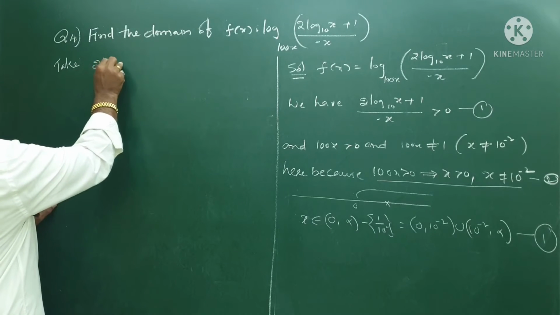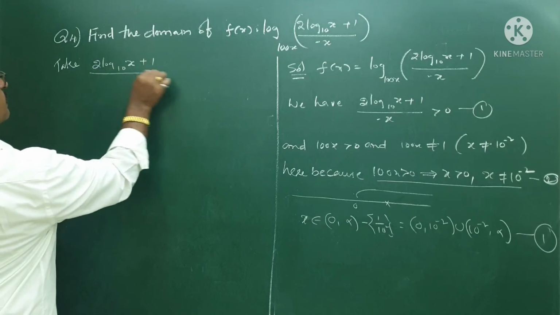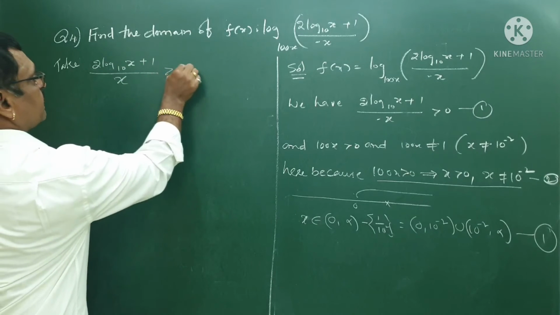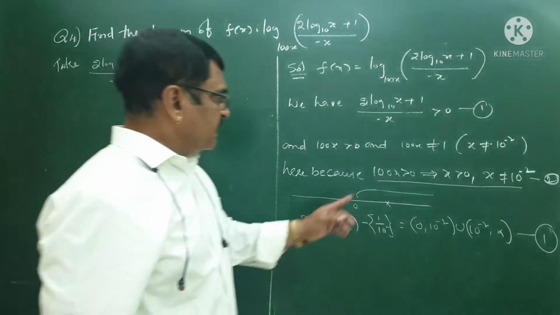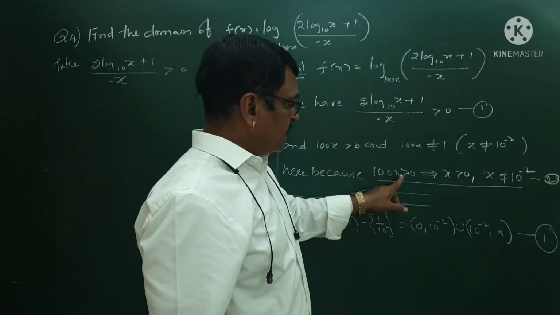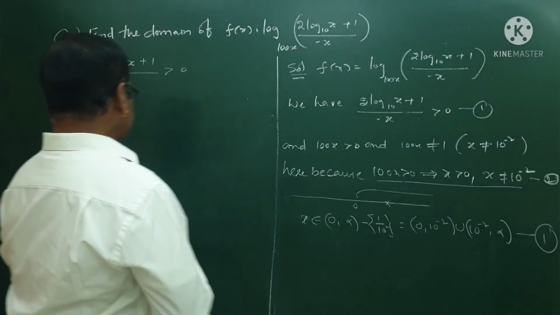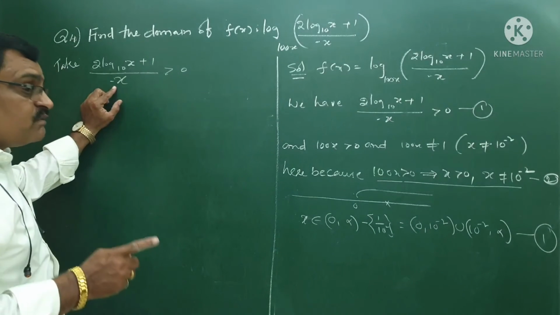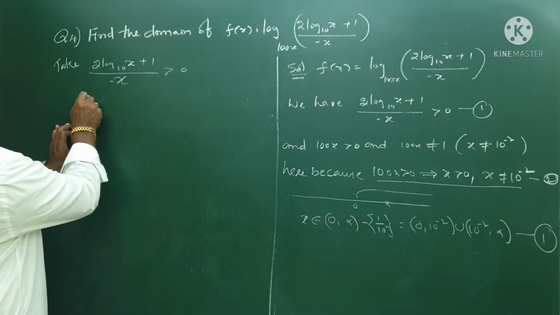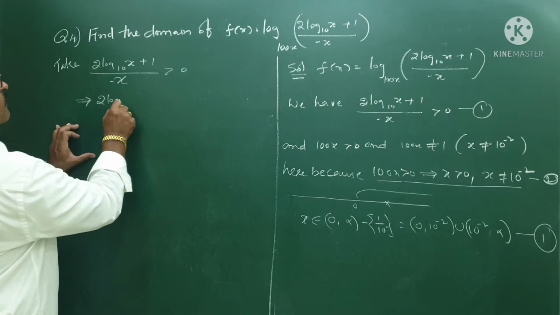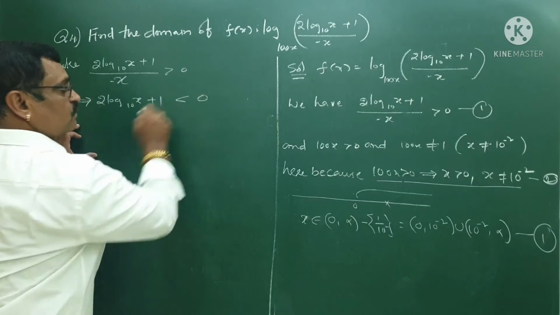2 log x base 10 plus 1 by minus x is more than 0. Now in the first case we got 100x is greater than 0, meaning x is positive. When x is positive, my minus x is negative. When you do cross multiplication, we get 2 log x base 10 plus 1 is less than 0.